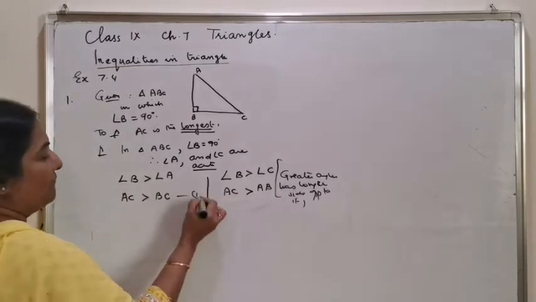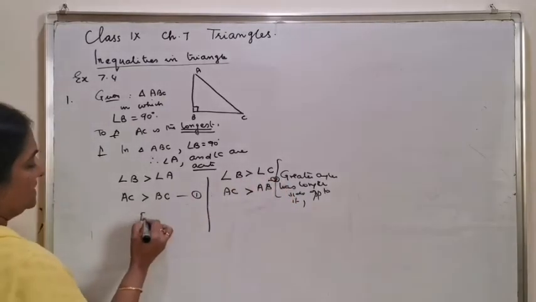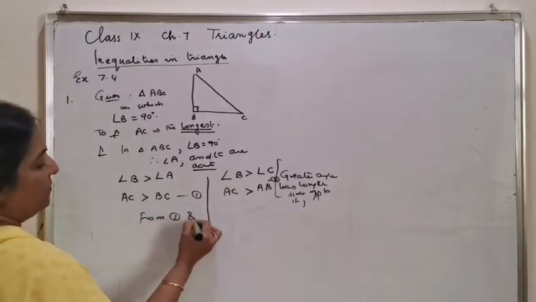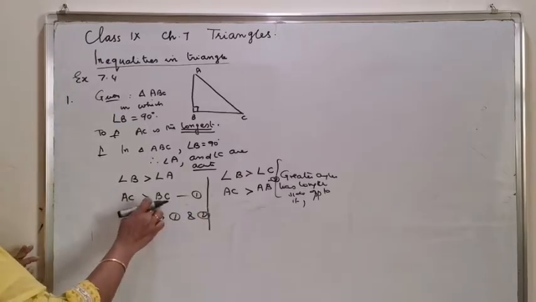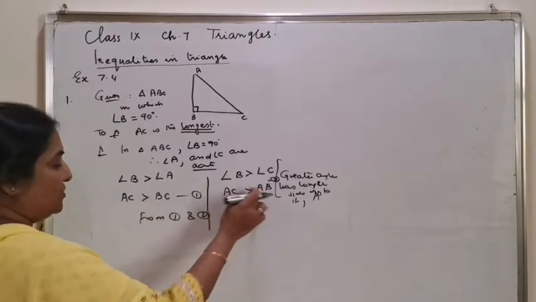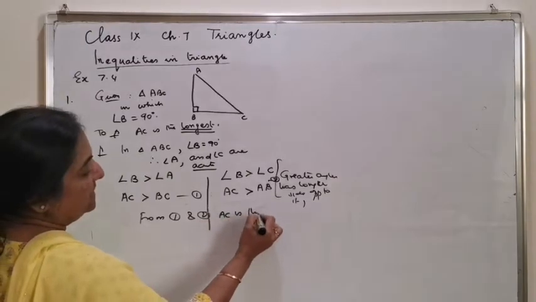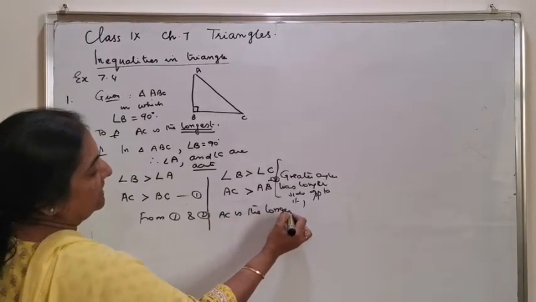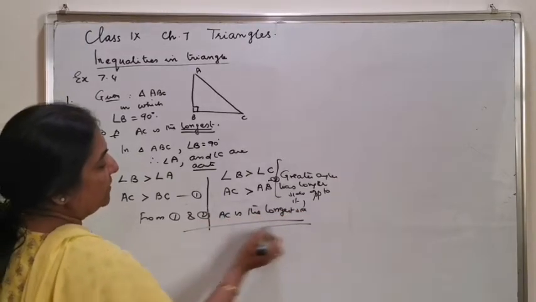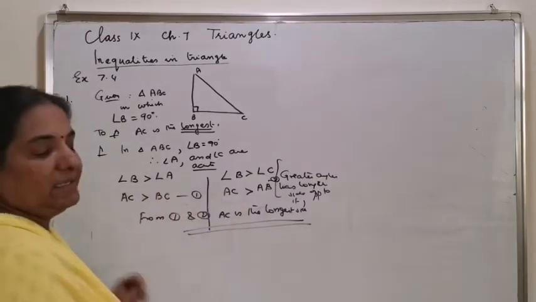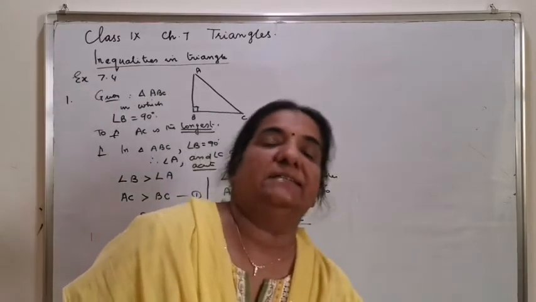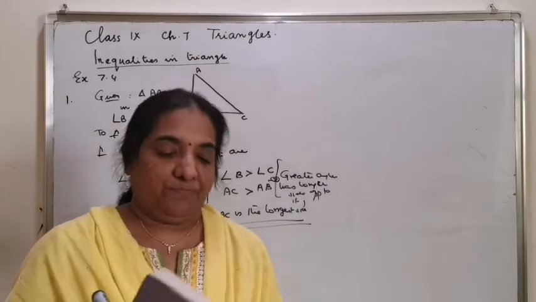From 1 and 2, you can give the proof as: AC is greater than BC, AC is greater than AB, which shows that AC is the longest side. You have to prove both the cases. Then only we can prove that it is the longest side.